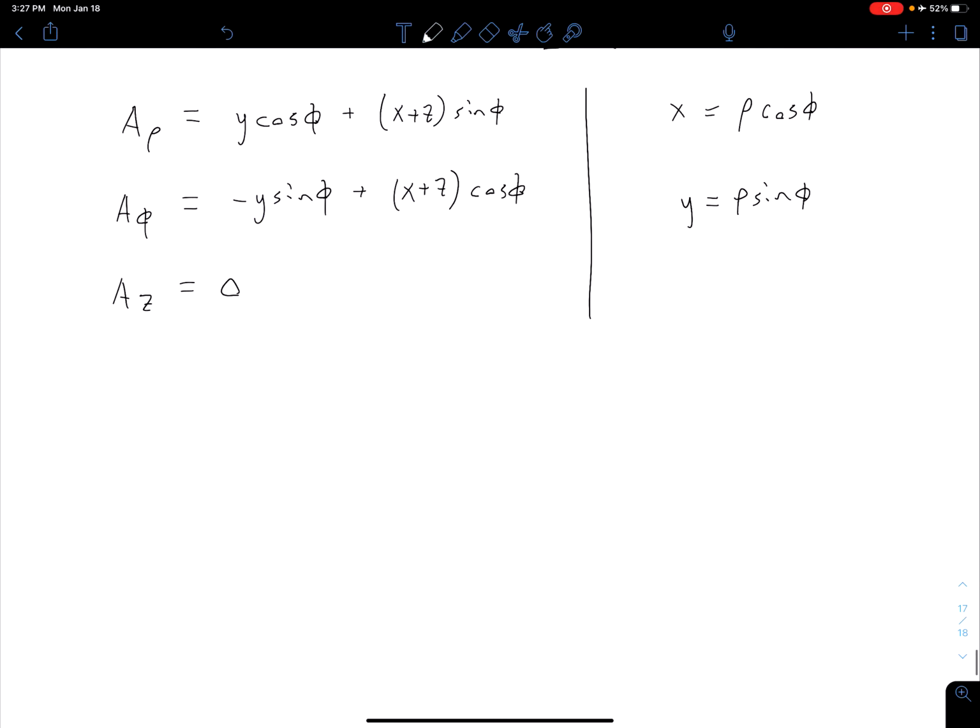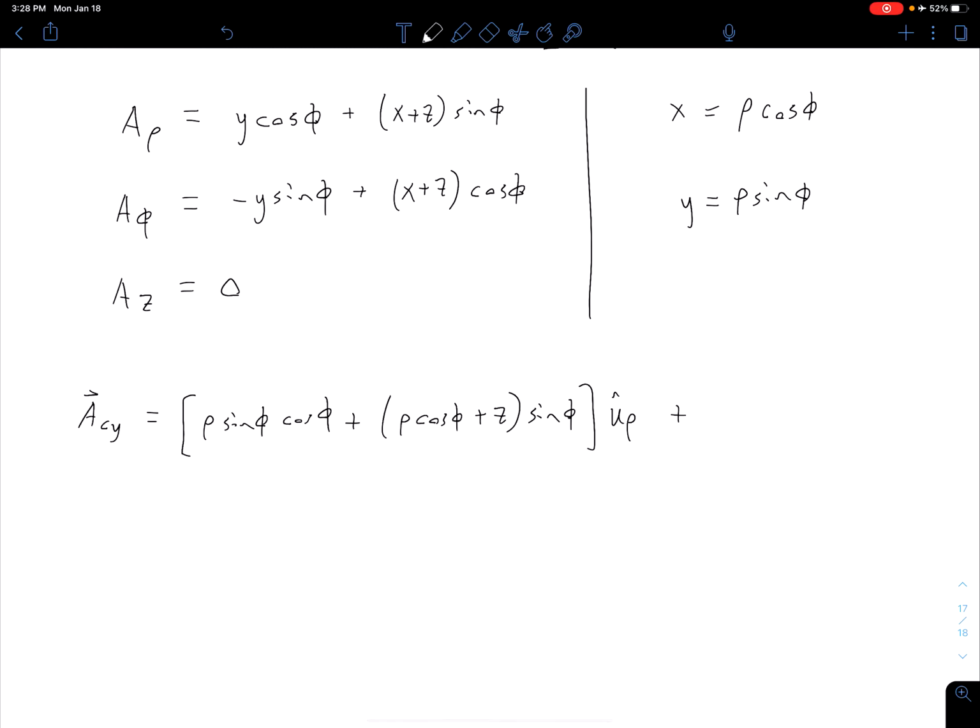If we substitute that, we get that our vector in cylindrical coordinates, A, is equal to some quantity: we have rho sine phi, so that's our y, times cosine phi, plus we have rho cosine phi, which is our x, plus z, all of that times sine of phi, and then I'm going to close my brackets, and that is our rho component, so we put that times our unit vector in the rho direction.